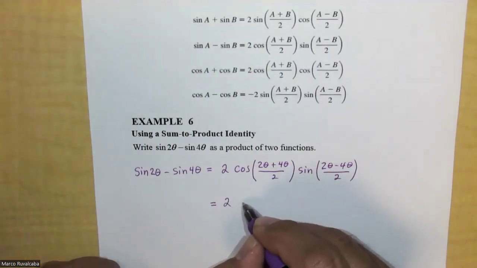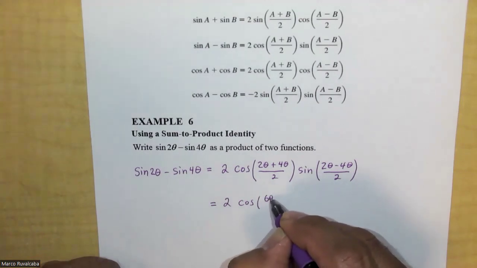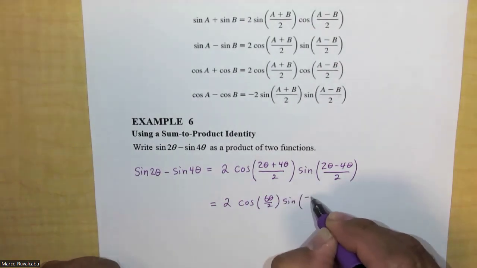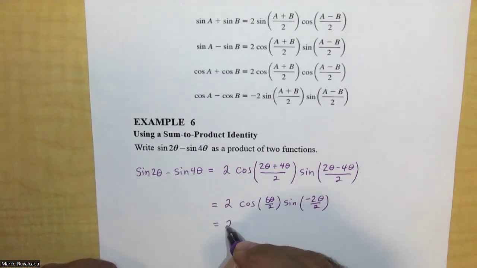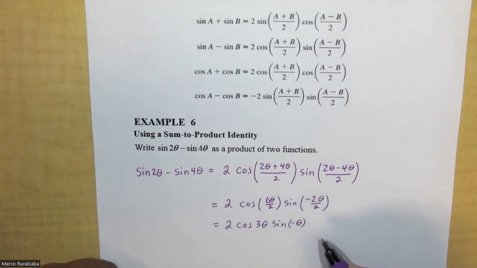And so that gives us 2 cosine of 6 theta divided by 2 times the sine of -2 theta divided by 2, which is 2 cosine of 3 theta times the sine of -theta.